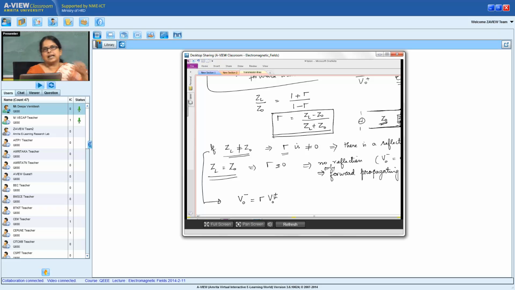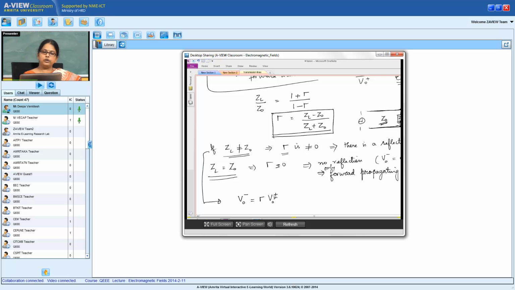It's as if a gamma fraction of the incident forward propagating wave is getting reflected back into the system, which is something that you do not want. You want to transfer the energy from the source to the load. You don't want it to be transferring back to the source. Could be dangerous at times. If the source is not sufficiently protected, you will have the voltage coming and hitting back at the source.